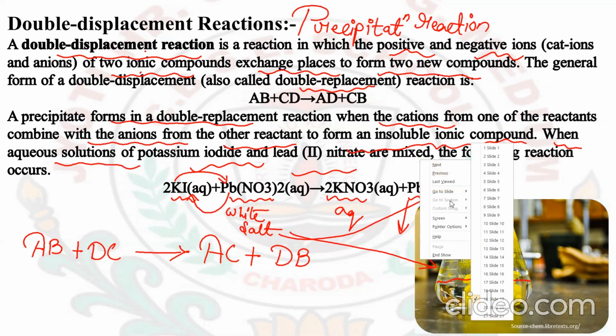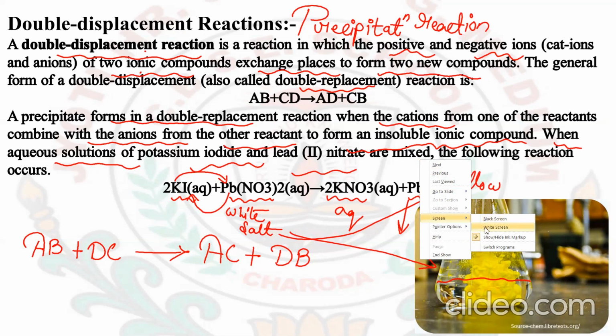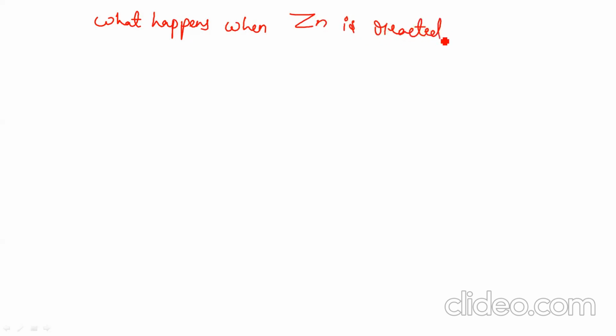Let's take some questions or examples here for displacement reactions. Say a question is asking, what happens when zinc is reacted with copper sulfate?